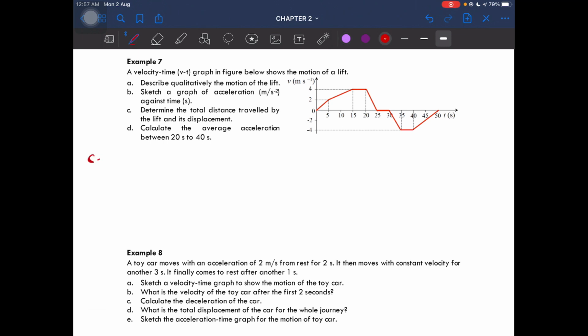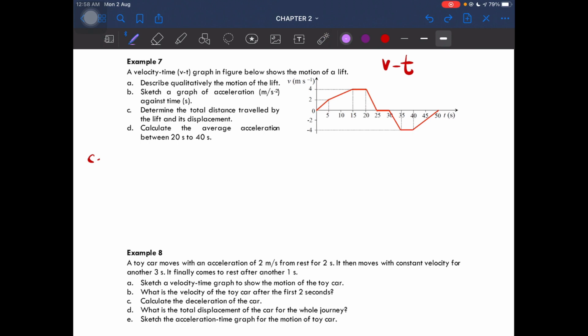Okay, this one let's do it here. Total distance traveled. Okay, so we know that for V against T graph, we can find the total distance traveled by calculating the area under the graph. Which is this gitulah.